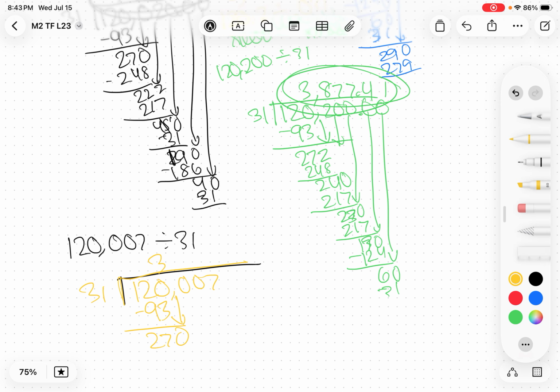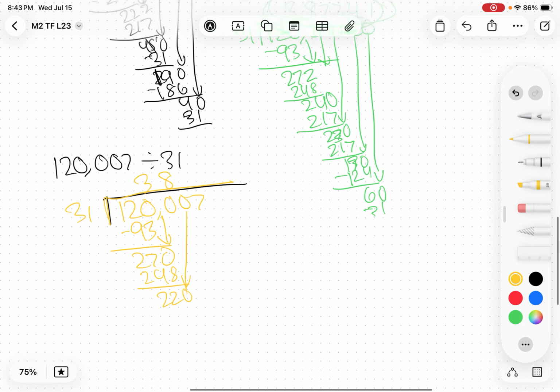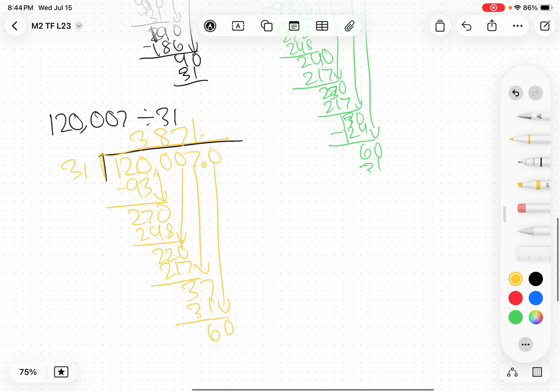And then into 270 is going to be 8 times. 248, and then into 220, that's going to go 7 times, 217, for 3, we're bringing down the 7, that'll go into 37 one time, with a 6 left over, adding a decimal and a 0, that'll go into 60 one time, we'll have 29 left over, and then that'll go into that 9 times, and that's where I'm going to stop there.